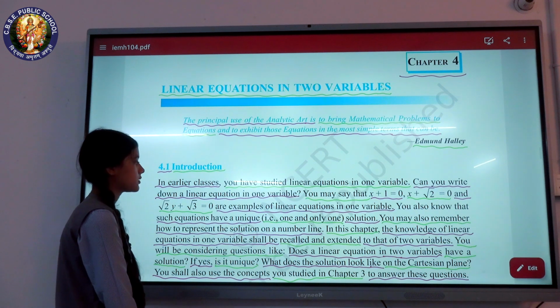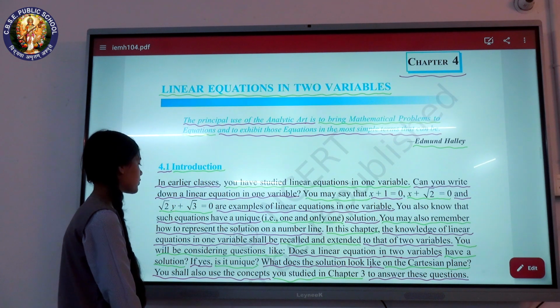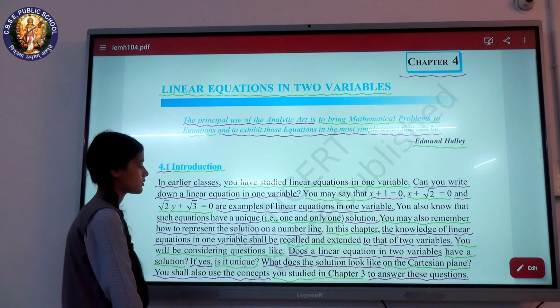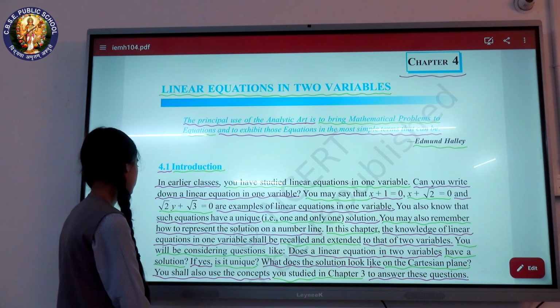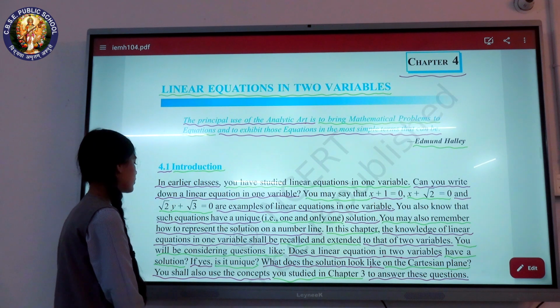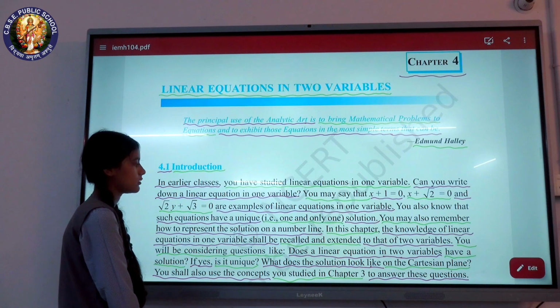You also know that such equations have a unique, that is one and only one, solution. You may also remember how to represent the solution on a number line.